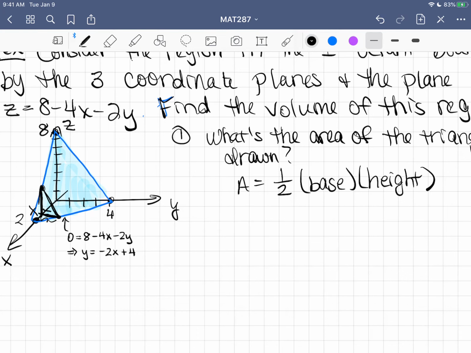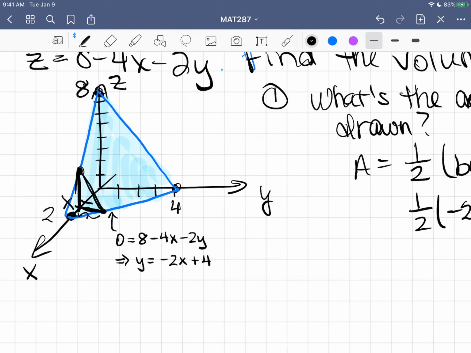So the base has width negative 2x plus 4. Okay, now I want to do the same sort of thing for the height. The height is going from z equals 0 up to this point here. And again, this point lies on the part of the plane that intersects the xz plane. So I'm going to set y equals 0.